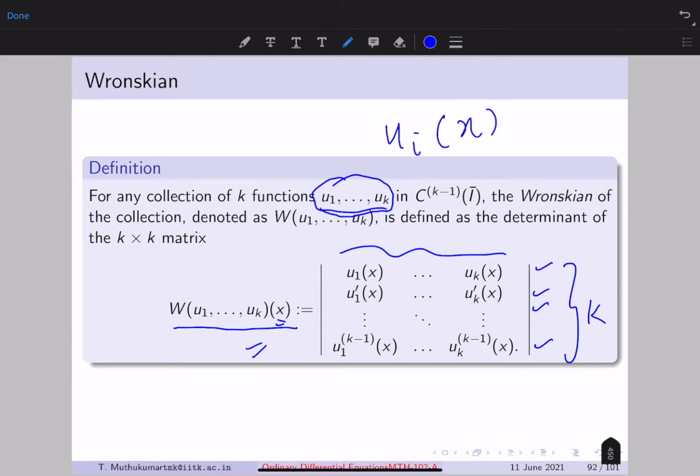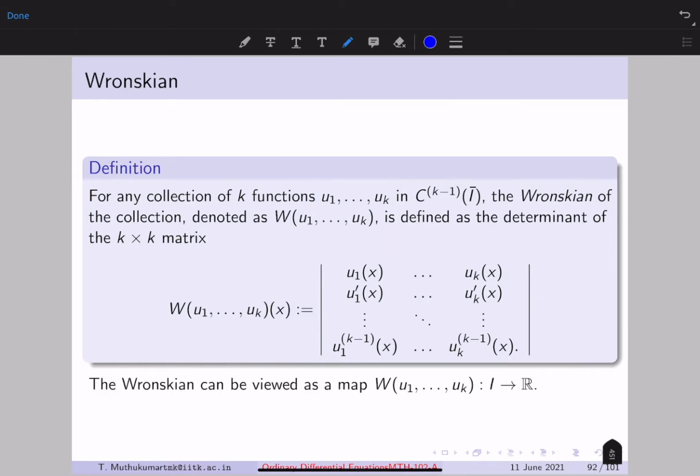So you can write down this matrix for each fixed x, and you have a matrix for each x. So the Wronskian is actually a function of x. In fact, you can think of the Wronskian as a map from the domain of the u's to R.